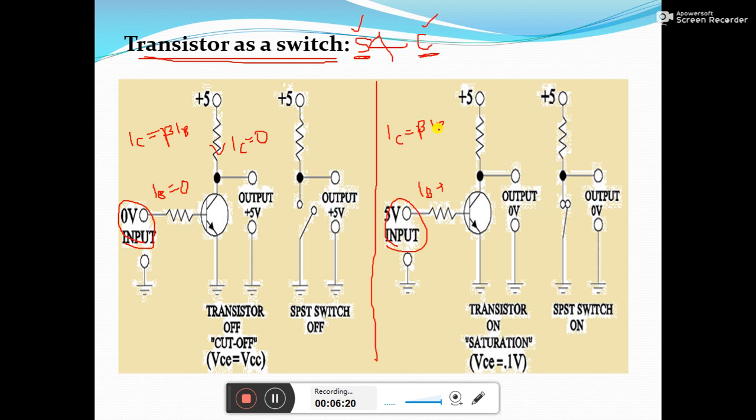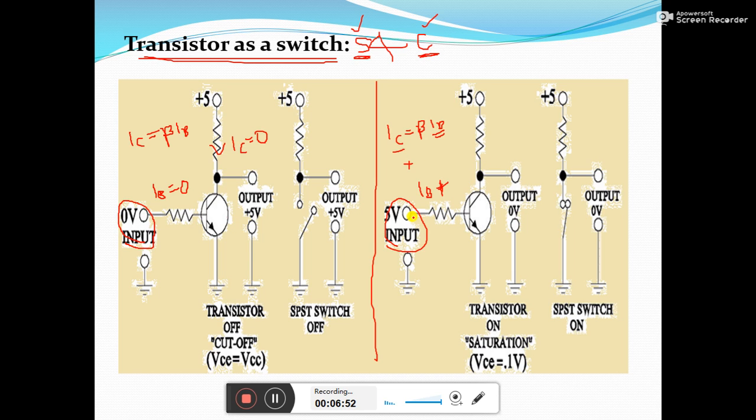Since we apply a small input, we get a positive IB, so IC is also positive and is an amplified version of IB, because beta typically ranges from 2 to 500. Let us consider beta as 10 here. If IB is 5 microampere, IC will be 10 times 5 microamperes, that is 50 microampere.